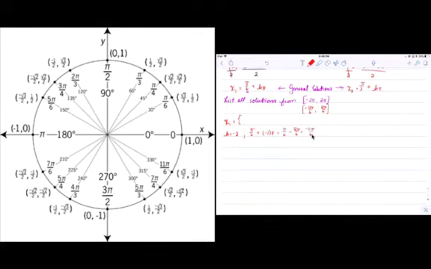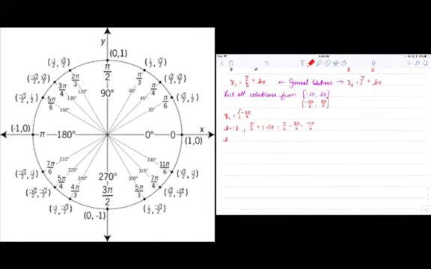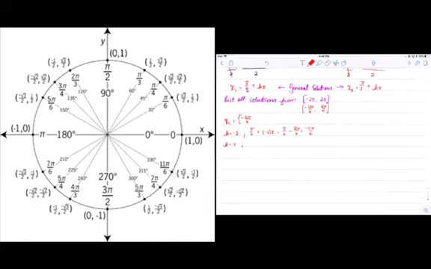Is negative 11 pi over 6 in this interval? Yes. So we write that the first solution is negative 11 pi over 6. Next, let's choose k equal to negative 1. We have pi over 6 plus negative 1 pi, which is pi over 6 minus 6 pi over 6, equal to negative 5 pi over 6.